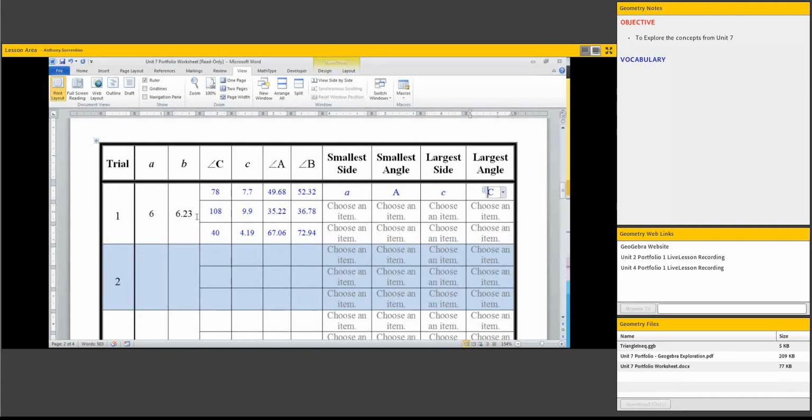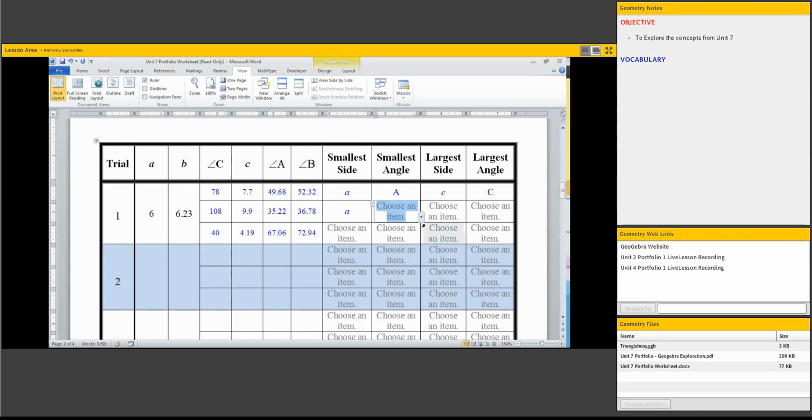I look at the second tier for the same two. Now I have 6.623 for B, 6 for A, and I have 9.9 for C. So again, in this situation here, A is still the smallest side. The smallest angle from 108, 35.22, and 36.78 is 35.22.